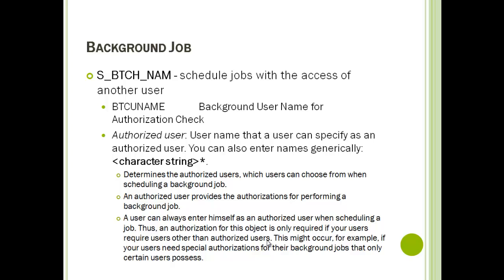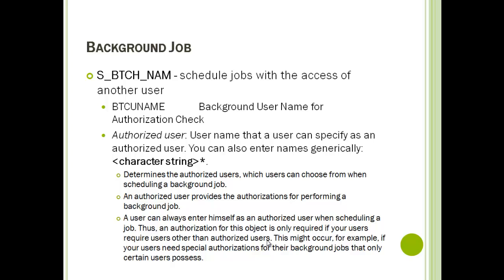So you can also use this star value so that you can allow the permission to more than one user. Otherwise you have to specify the users one by one. The point here is that you can also use this star value. This determines the authorization users, which user can be chosen while scheduling the background jobs.